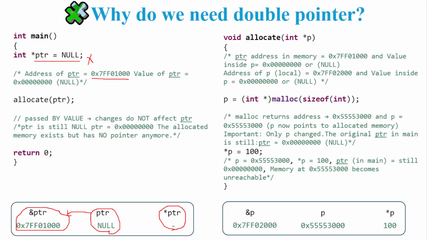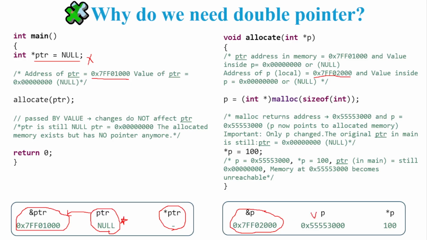Inside the allocate function, the local variable p is created at address 7FF02000 and its initial value is 0 or NULL, the copied null from ptr. At this point, both ptr and p are NULL, but they occupy different memory addresses, which is key to understanding why changes to p do not affect ptr.